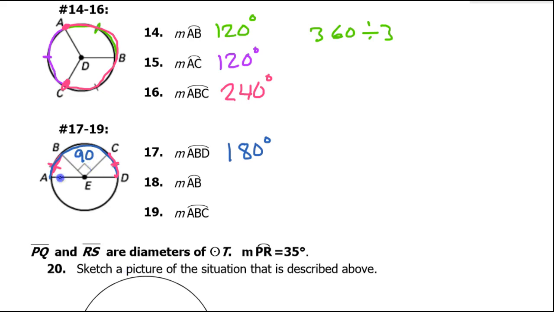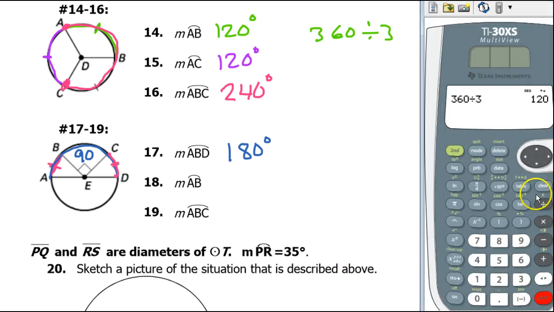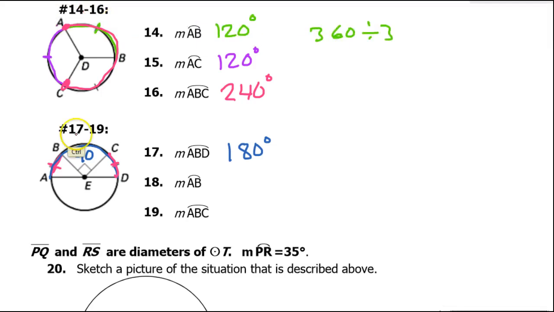So starting from a semicircle, right, the top half of this picture is 180 degrees. If I subtract the 90, that's going to leave 90. So that means I have 90 degrees left over. All right, I have 90 degrees to be shared between this portion and this portion.